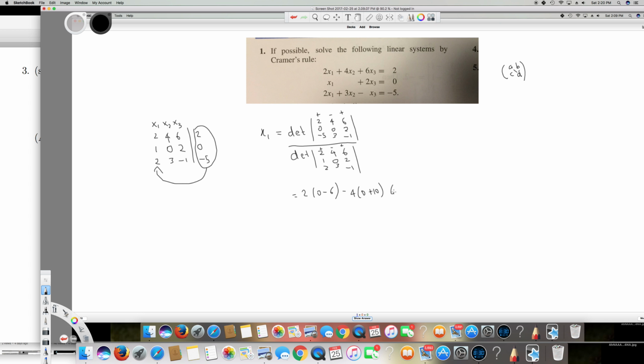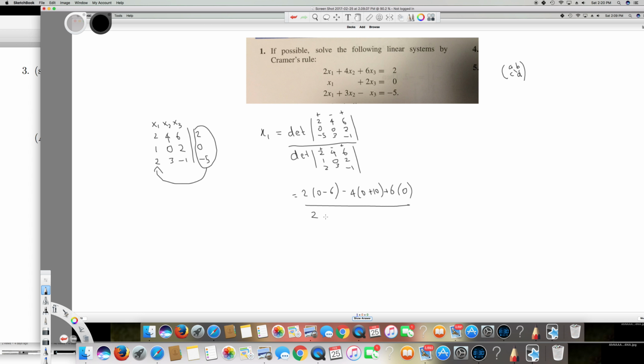Then we do the last one. It's going to be 6, and if I take 6, vertical and horizontal cancel, so left is 0, 0, minus 5, 3. AD is 0 times 3, which is 0, minus 5 times 0, which is 0. Therefore this whole thing is 0. We don't even have to write this, but I write it anyway. And at the bottom you do the same thing.